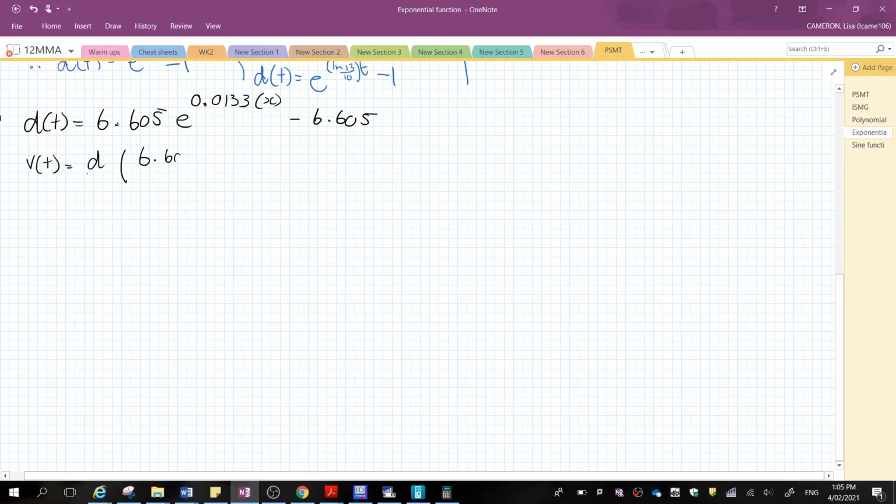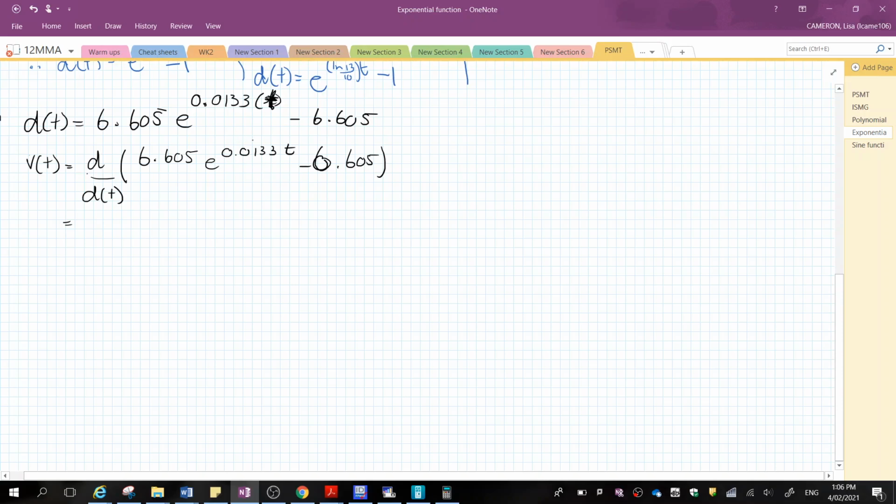Now, I'm not being consistent with the way that I'm expressing this because I'm giving you options about different ways that you could express it. But remember, this isn't an assignment, and you need to be careful and stick with one way. 6.605. Okay, so this is saying that the velocity is given by the derivative of this function.